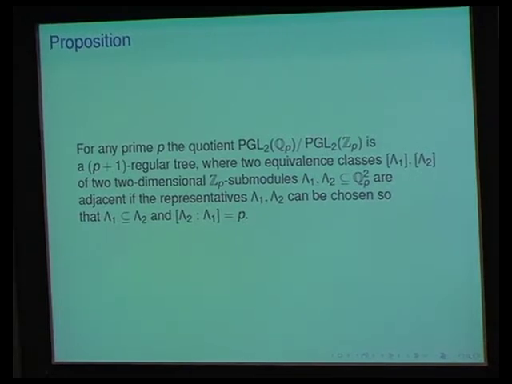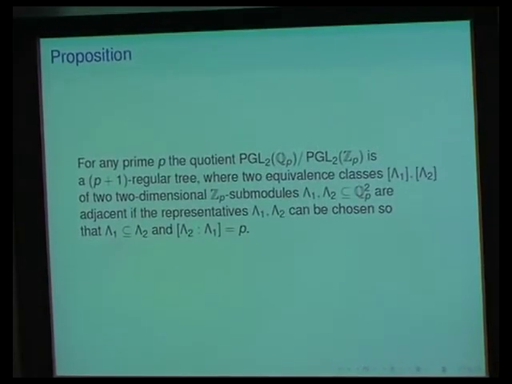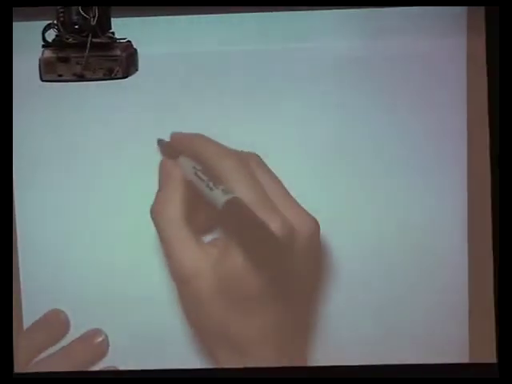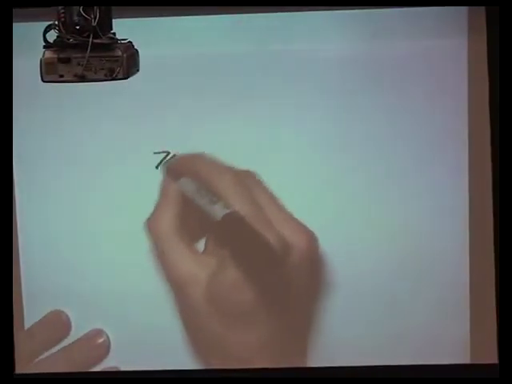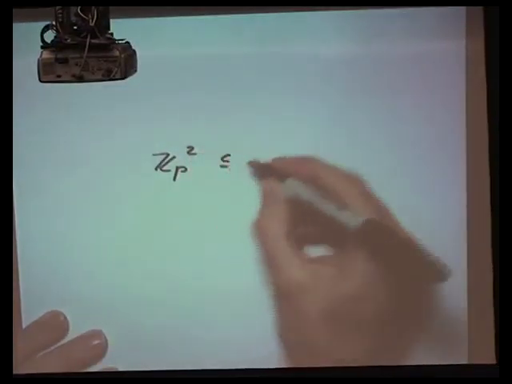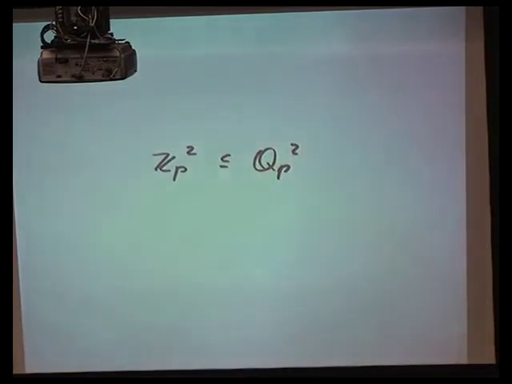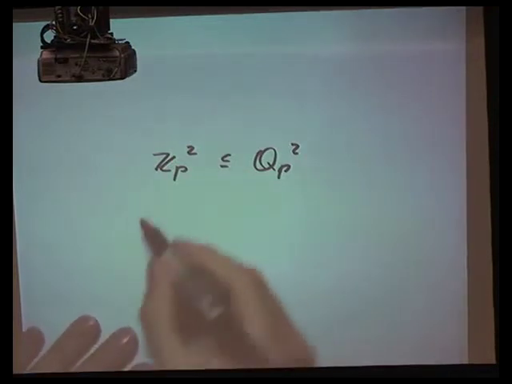There's also the second portion where CP submodules are used. What is that? CP is an open subgroup of QP, so CP squared is an open compact subgroup of QP squared, and you can just play the same game that we played yesterday, but this time with CP instead of C. What do I mean by that?